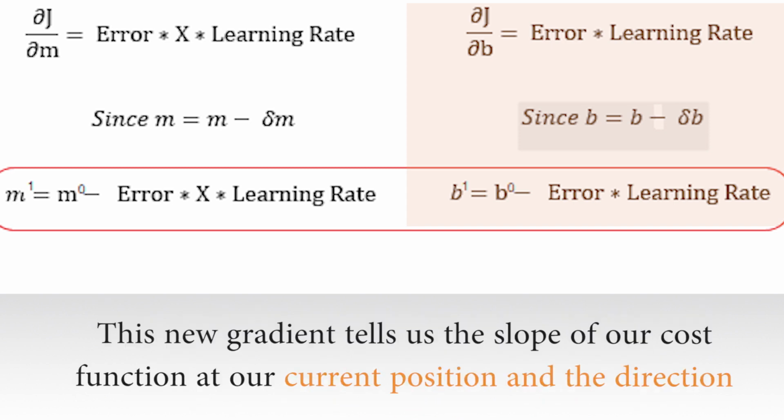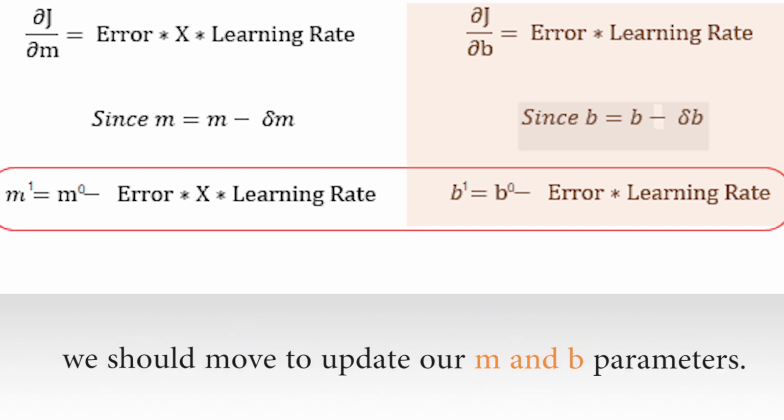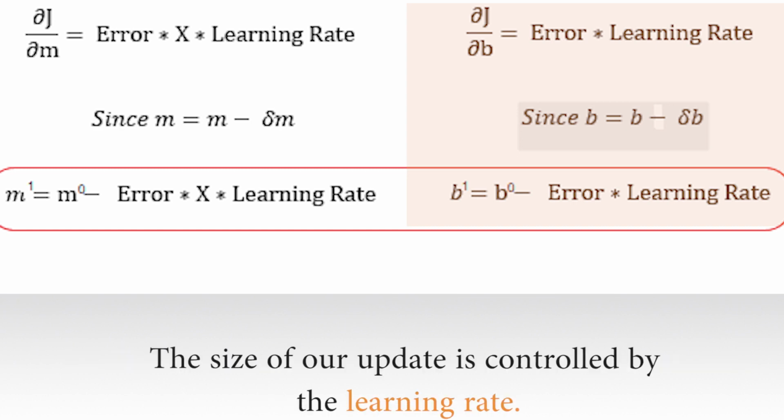This new gradient is going to tell us the slope of our cost function at our current position and the direction we should move to update our m and b parameters. The size of our update is controlled by the learning rate.